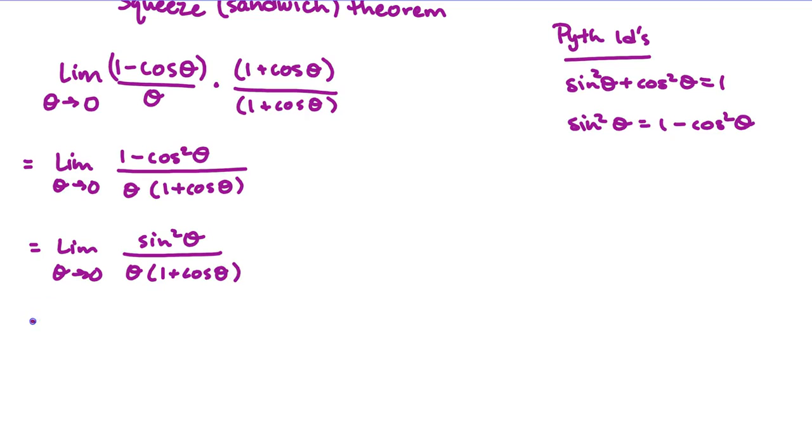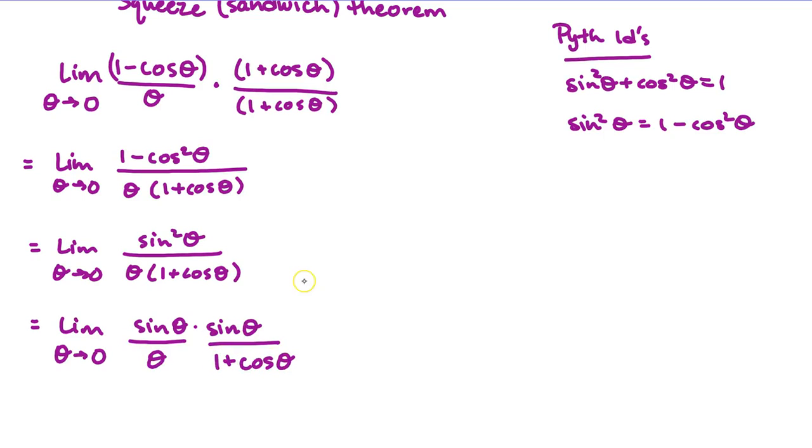Now, if I break up the numerator and instead of writing it as sine squared theta, I write it as sine theta times sine theta, you'll notice I can break this into two fractions as well. You'll notice that we have right here the limit that we just said was equal to 1.